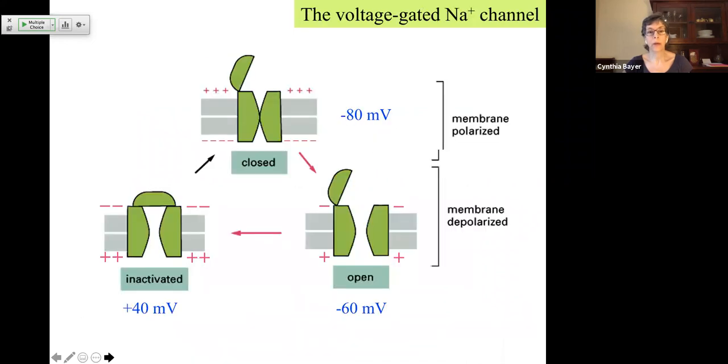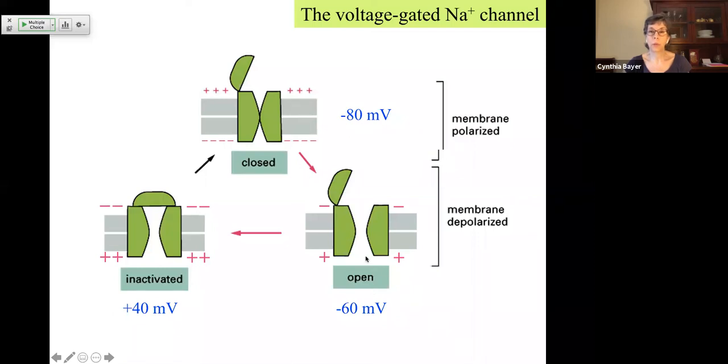We're going to look at, and I don't know if you can see it on the next figure, how our sodium ion channels start closed at resting potential when the membrane is polarized. The stimulus will cause them to open and become depolarized. That's the threshold potential, but they can't go from open to closed.